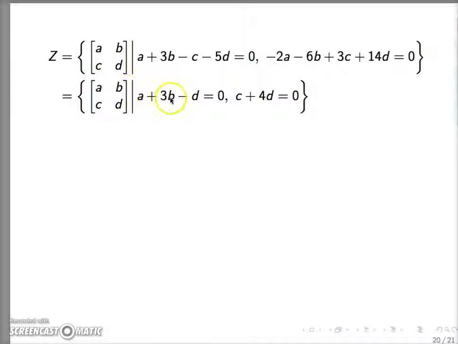So it is fair game to write the set Z in terms of the equations for the homogeneous system that we obtain from the RREF. This is what we had in the previous slide.